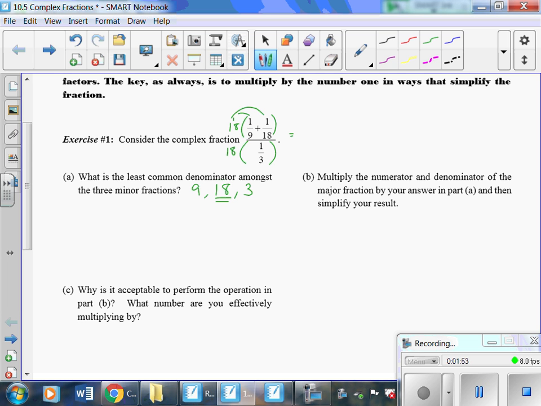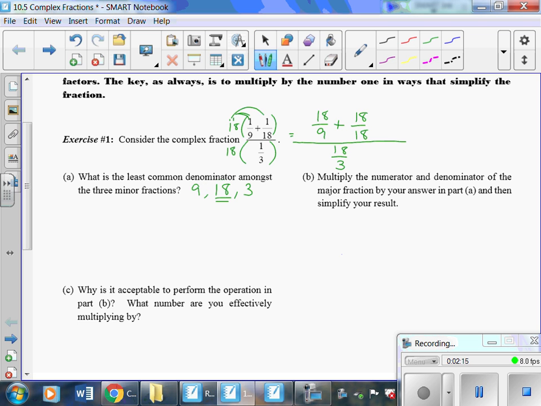So you're going to get 18 times 1, which is 18, over 9, plus 18 times 1 is 18 over 18. So that's the numerator of my big fraction. And then I'm simply going to multiply 18 times 1, which is 18 over 3. And then in my next step, I can do some simplifying of each of the fractions.